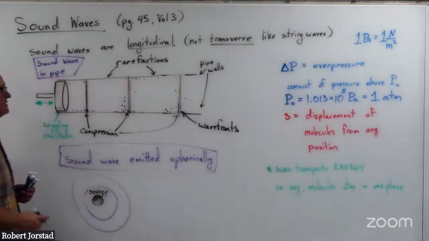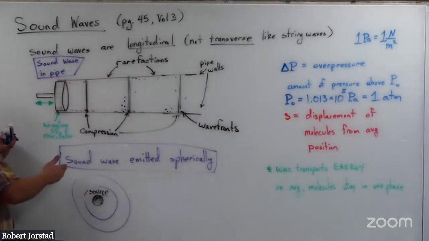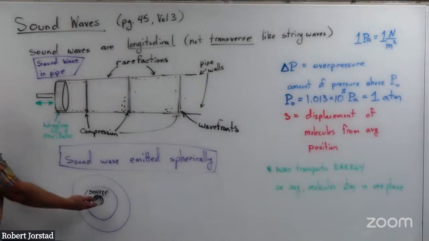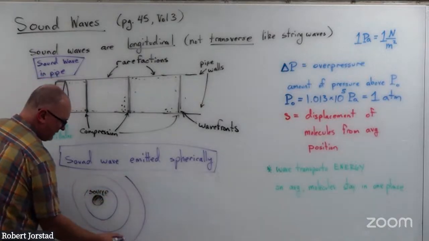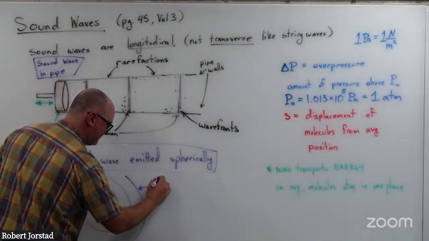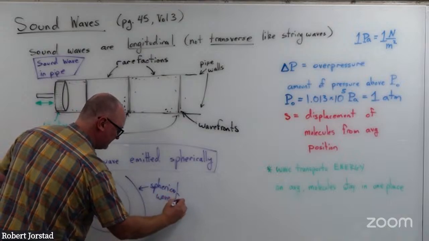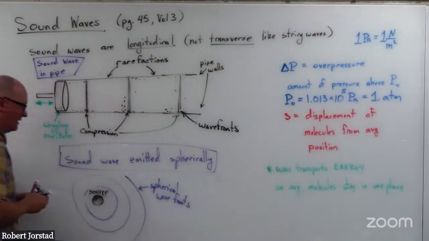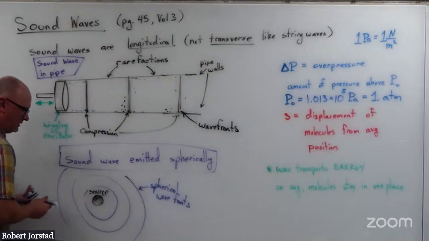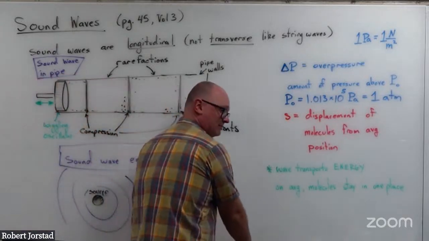A lot of times you'll see in books, instead of drawing all the dots, you'll just see lines like this. That's particularly useful for sound waves emanated spherically. So we have spherical wave fronts. To be clear, they're not circular here, they're spherical. So just to give you a visualization.